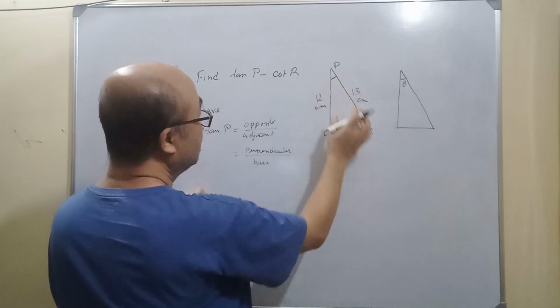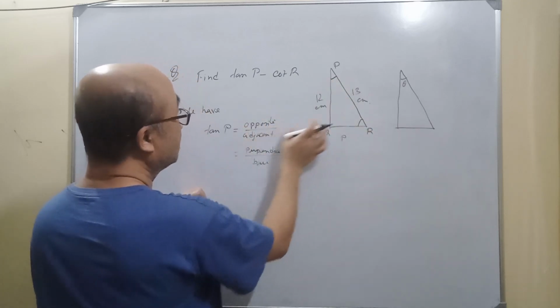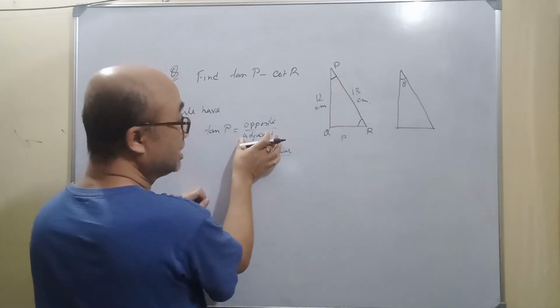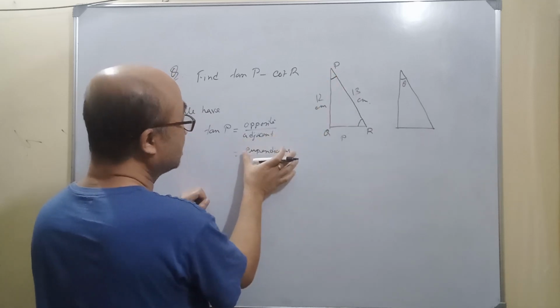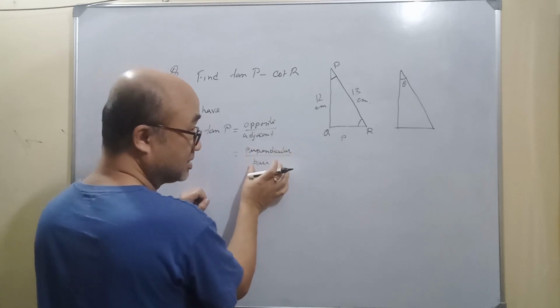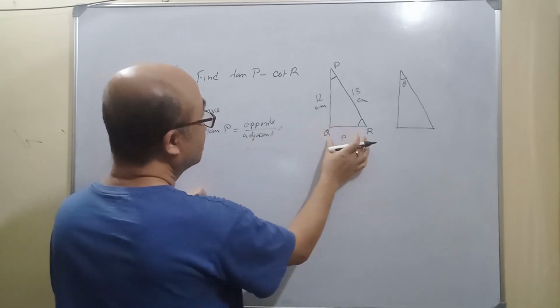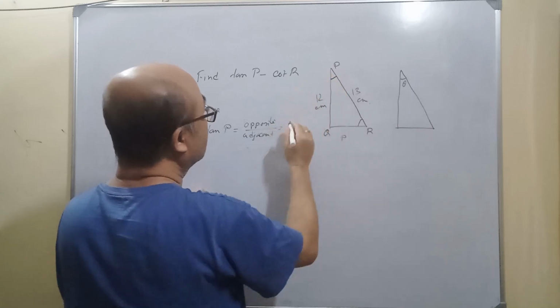The opposite side is the perpendicular, the adjacent side is the base. So this is equal to QR by PQ.